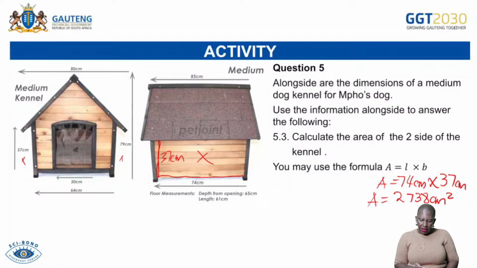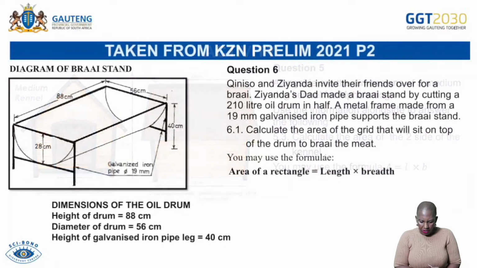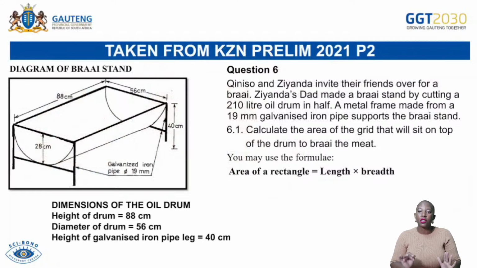And then if the examiner says convert your answer to meters, you just quickly do the conversions. Boys and girls, I'm just going to cover this last question, and then you now have an idea as to how to calculate the perimeter and the area of the shapes, the four shapes that we are given.